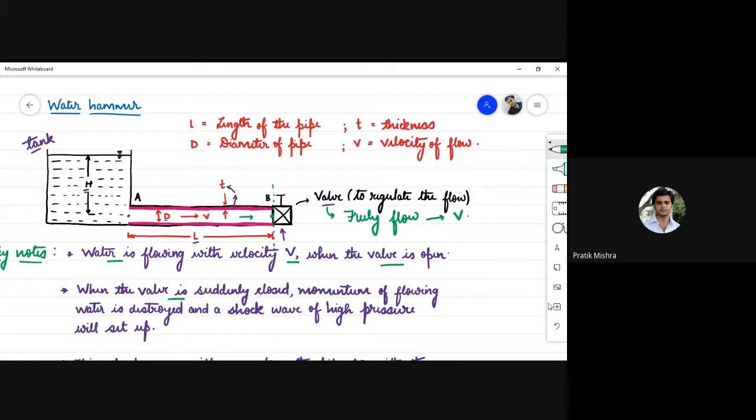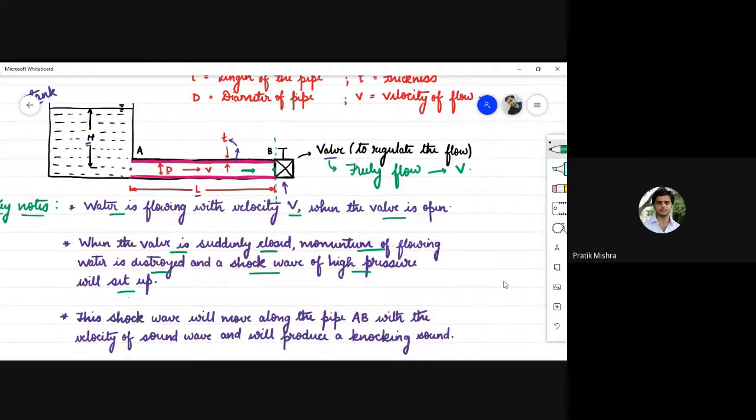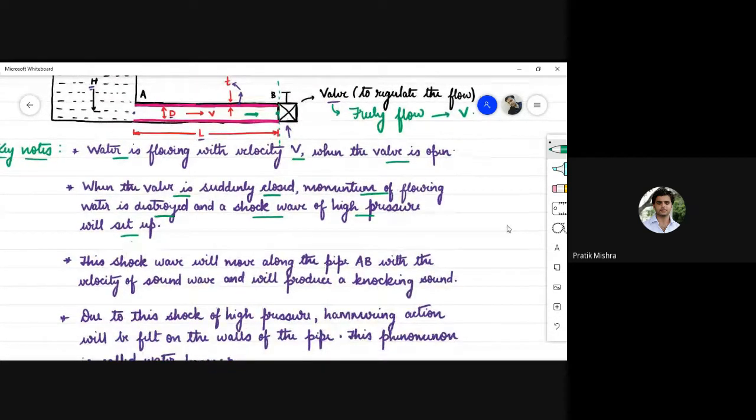When the valve is suddenly closed, the momentum of the flowing fluid is destroyed and a shock wave of high pressure will be set up. As soon as you close the valve, the flowing fluid at section B collides with the valve and generates a shock wave, and also the momentum of the flowing fluid is lost. What happens because of this? Due to this shock wave, a heavy pressure head is generated inside the pipe length AB. In the pipe length AB that you can see, a huge pressure head is generated.